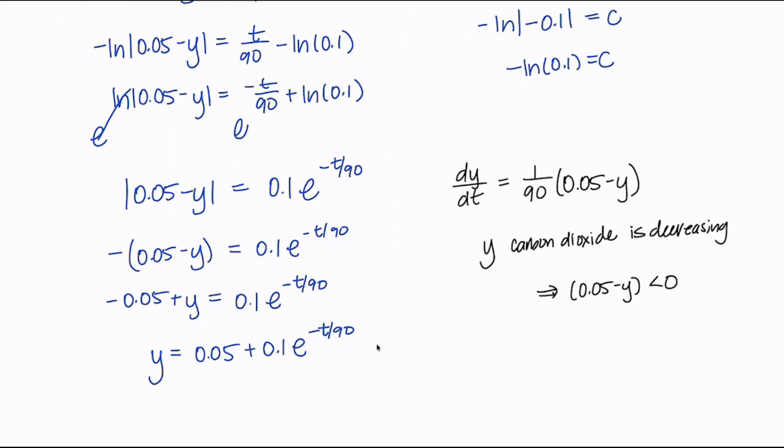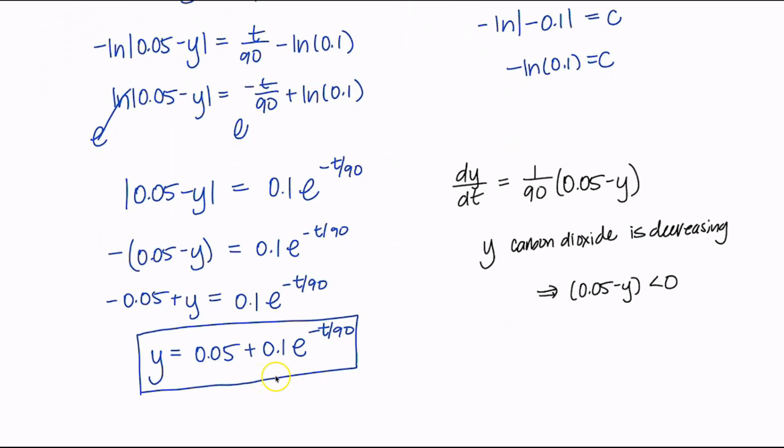And that was how much carbon dioxide there was initially, 0.15. So this checks out as the function that represents how much carbon dioxide there is. I'm going to box this in because this is my answer. I didn't necessarily want how much there was as a percentage at a certain time. Just in general, if we substitute in different times, this will tell us the amount of carbon dioxide there is.